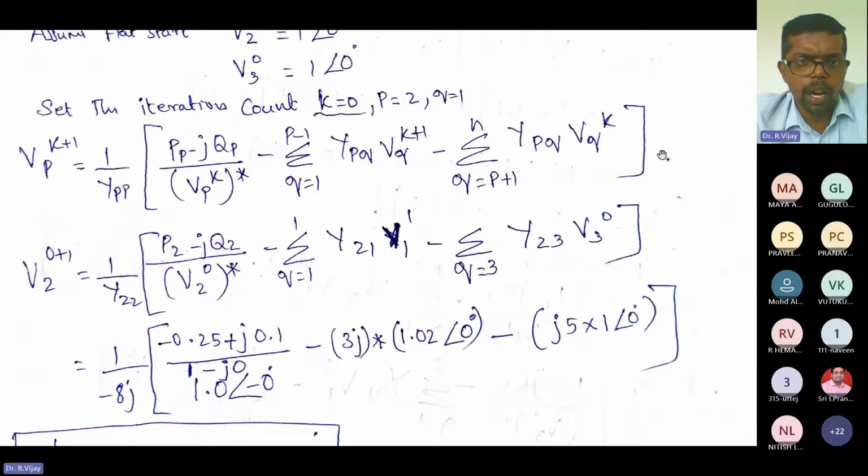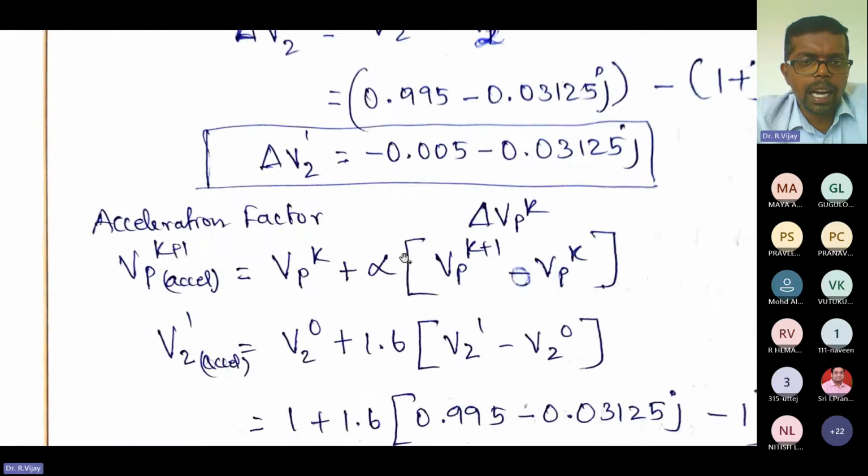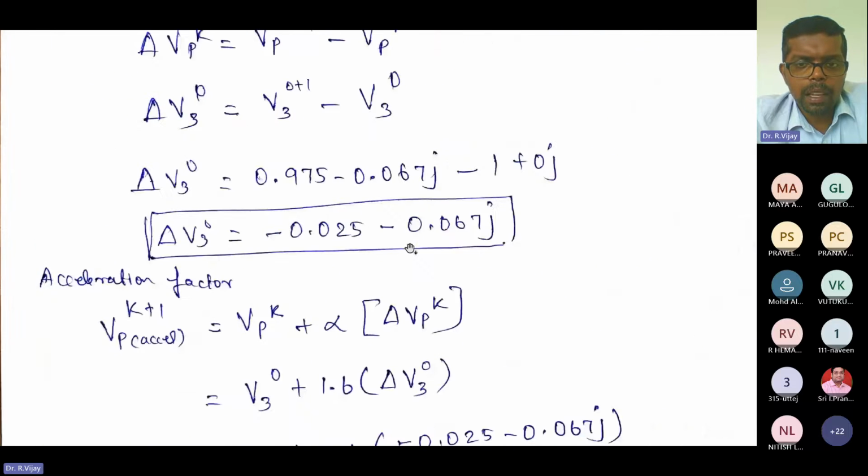You need to substitute all these things here and calculate V3¹. While calculating, you'll get the answer as 0.975 minus 0.067j. And you also tell in the comments whether you got the same answer or not. Here ΔV3 naught is equal to this minus V3 naught.